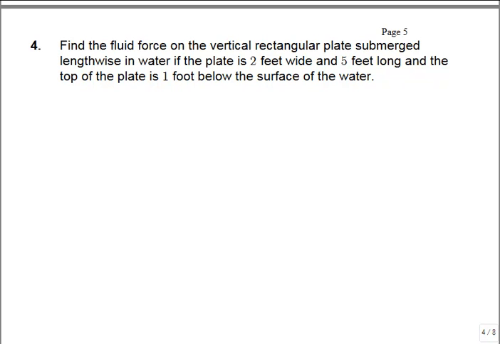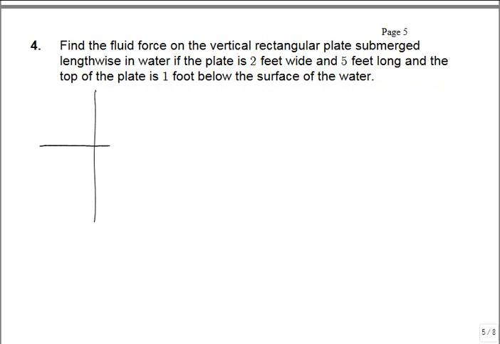Now, if possible, I like to center my shape through the coordinate system. So I'm going to center my coordinate system through the middle of this rectangular plate. We have dimensions of 2 by 5, 2 feet wide, 5 feet long, and we also know that the top of the plate is 1 foot below the surface of the water.